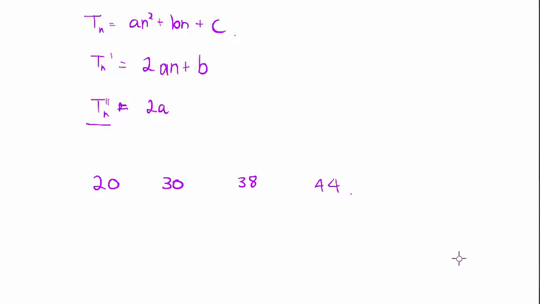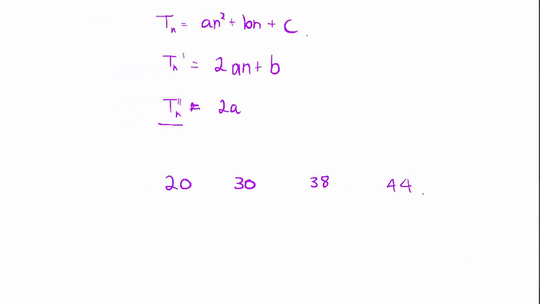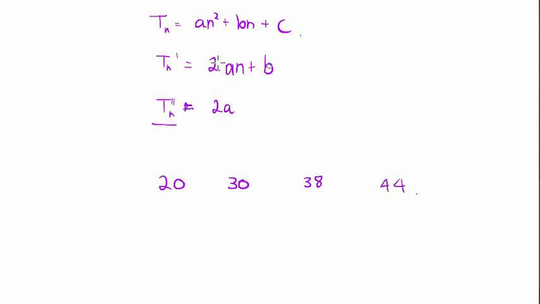First of all, let me quickly show you a quick method to find all of these values. Now, if I say the maximum value, you have to understand that this is a quadratic number pattern, which means I'll have 20, 38, 44. At some point this is going to have a turning point and then start going down, which means what I'm actually asking you for is the turning point.